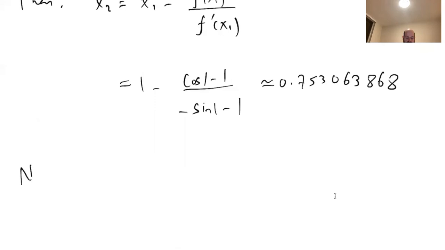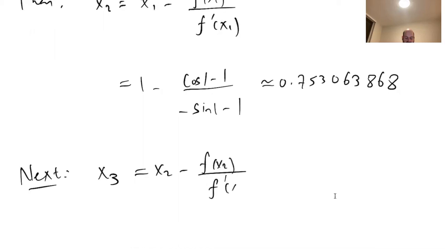And then x3 is x2 minus f of x2 over f prime of x2. You do the calculation, and you'll see that this is almost equal to 0.739112891.